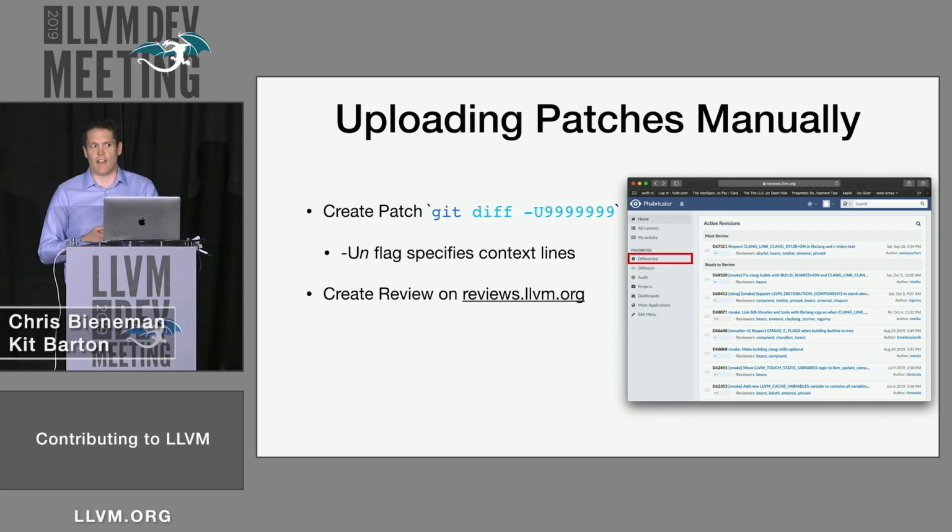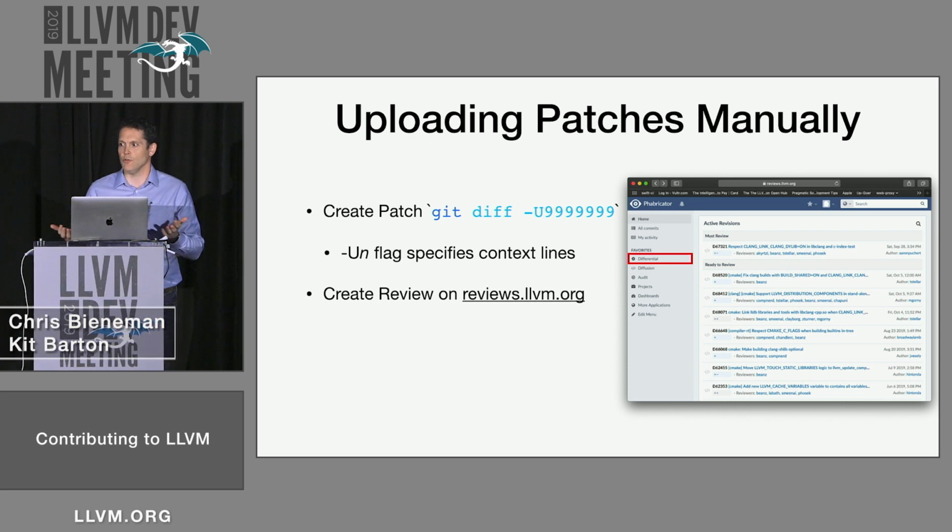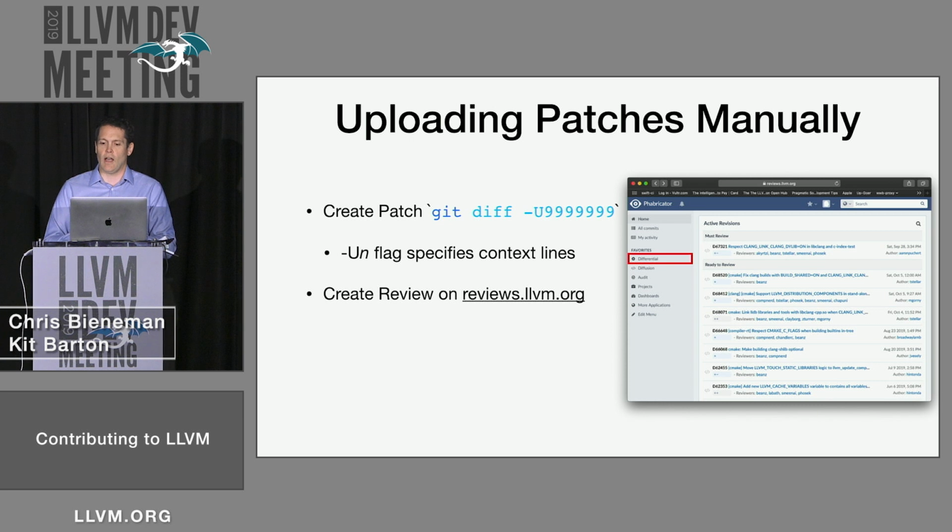Emails get sent out to the LLVM commits list saying that there's been a new patch posted for review. The subscribers or people who you've listed as reviewers will get a separate email saying your review has been requested on this patch, and then it's there on Fabricator ready to go.